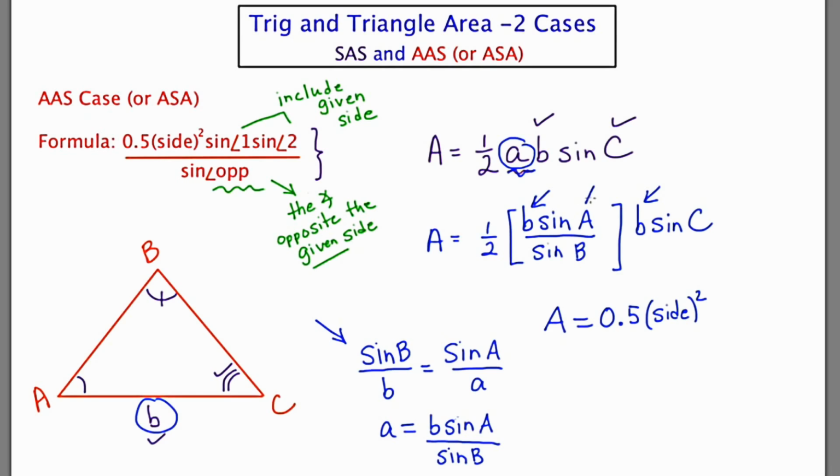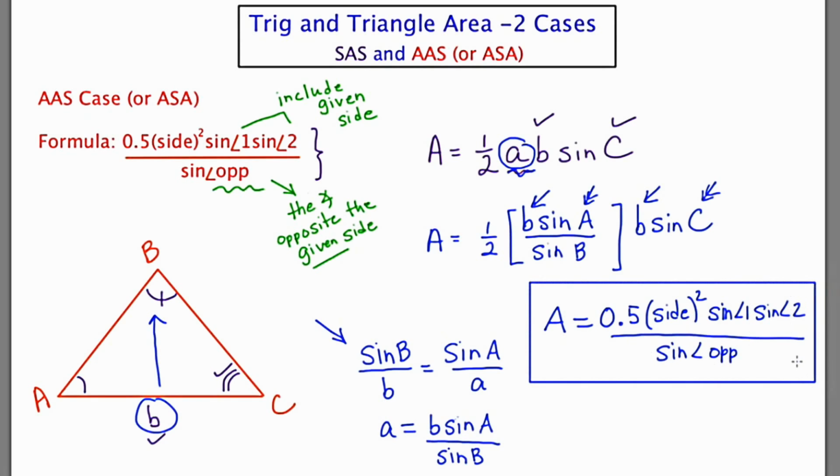Now sine of A and sine of C. A and C are the two angles that were initially including that given side. So in the formula we generalize that by saying sine of angle 1 and sine of angle 2. And then angle B is the angle that's opposite the given side of little b. So we write sine of opposite.